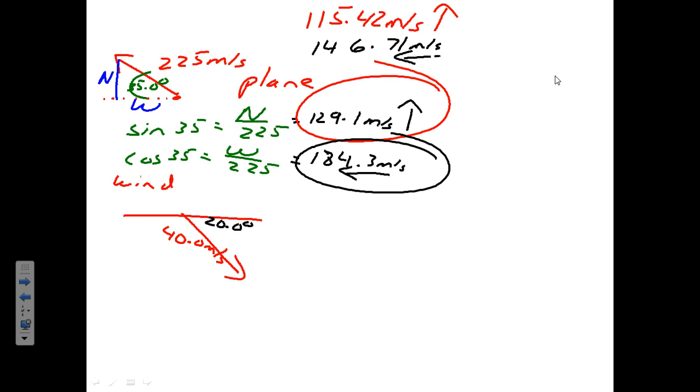So we'll come over here and I like to start with the horizontal, so we're going to go this way, 146.71. And then we'll go north, and that's 115.42. Drawing our resultant, like that.